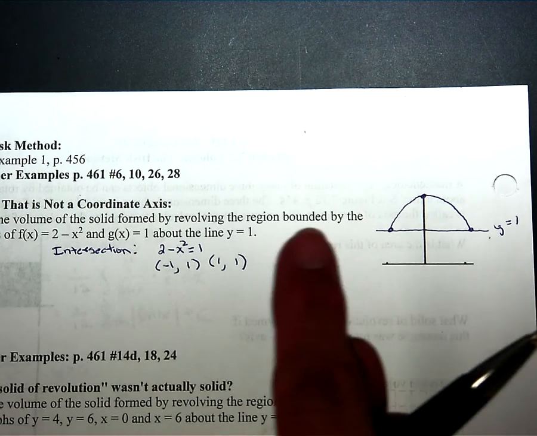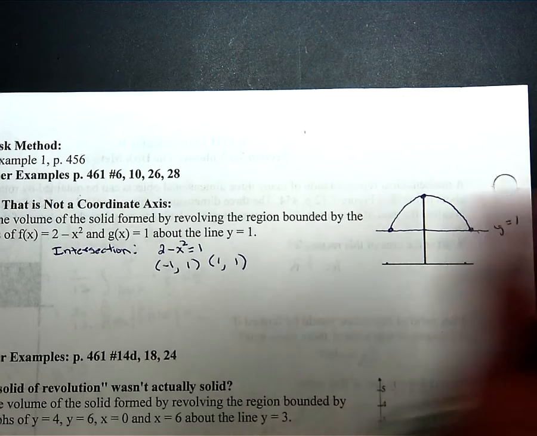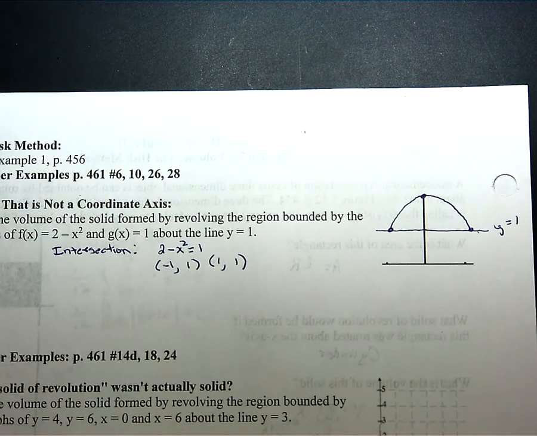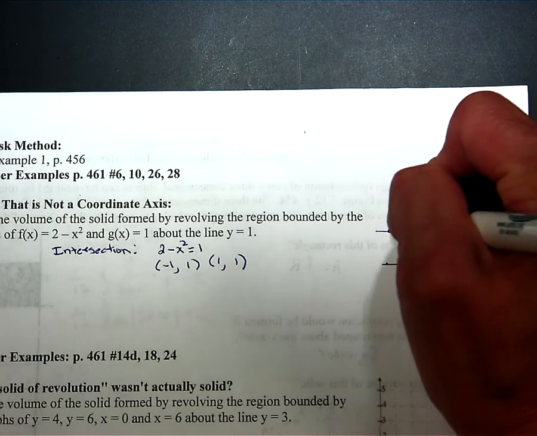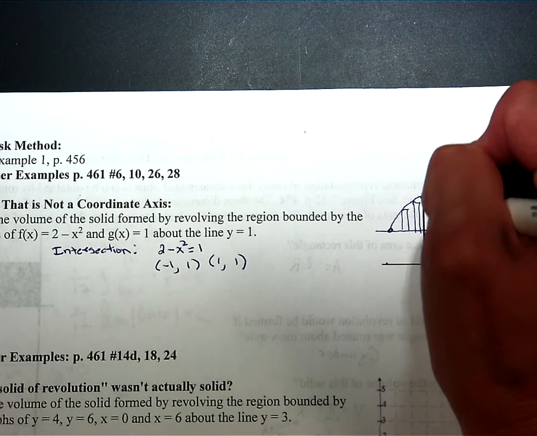So let's see what difference that would make. If we're spinning around a horizontal axis, what does that tell us about the rectangles? They're vertical, perpendicular to the axis of revolution. So we're adding up all of these vertical rectangles.